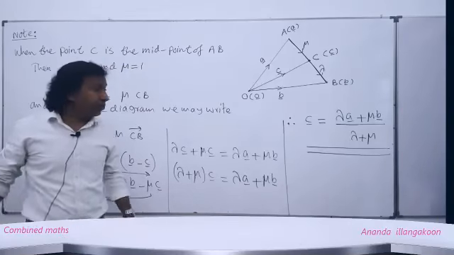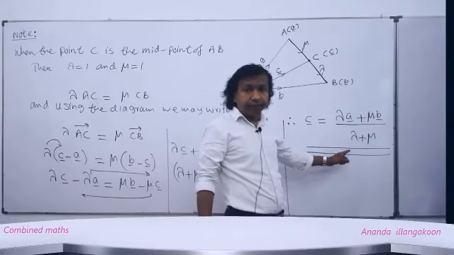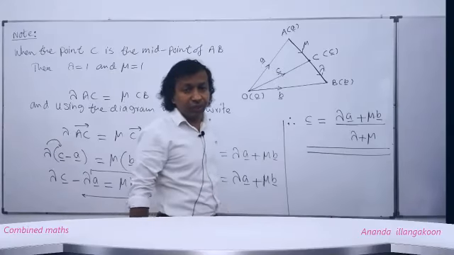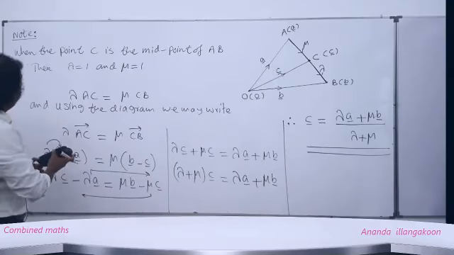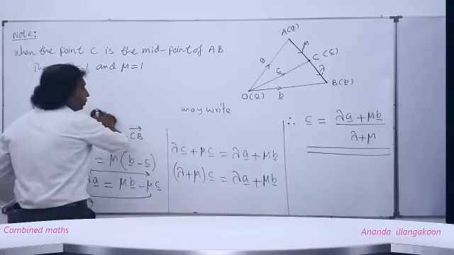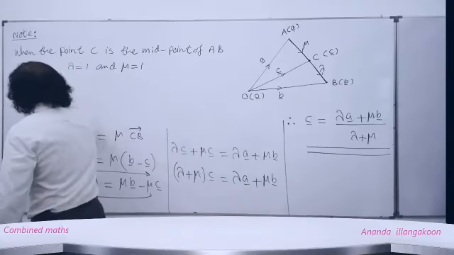Then you can substitute lambda 1, mu 1 here and find the position vector of the midpoint.